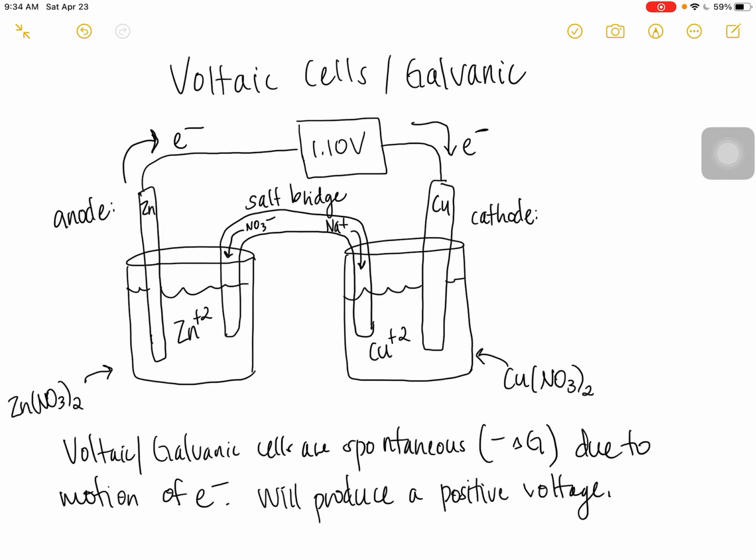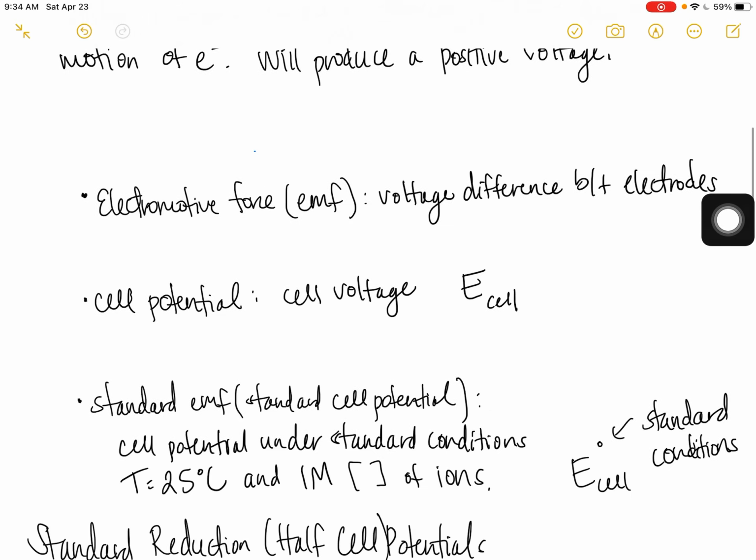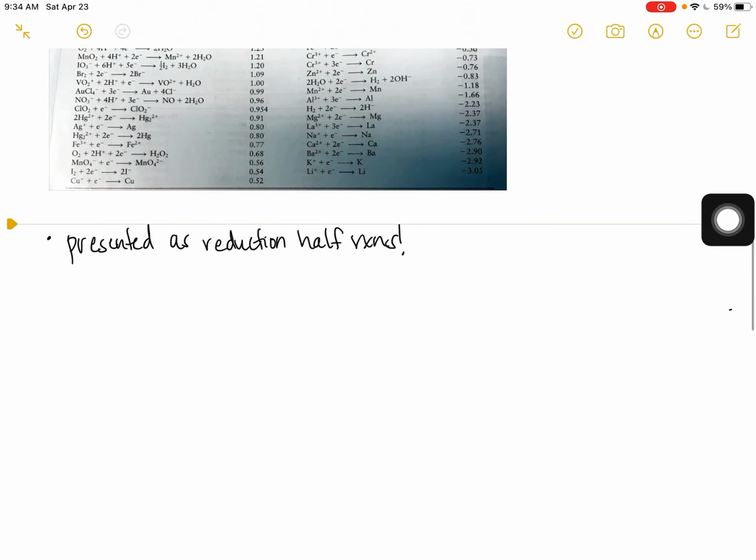Okay, so let's revisit our cell real quick and write these half reactions and figure out if we could have calculated the voltage. So we know in this case at the anode that oxidation is occurring. Zinc's losing 2 electrons, turning into zinc plus 2. We know that at the cathode, reduction is occurring. Copper plus 2 is turning into copper solid. So let's do that as half reactions.